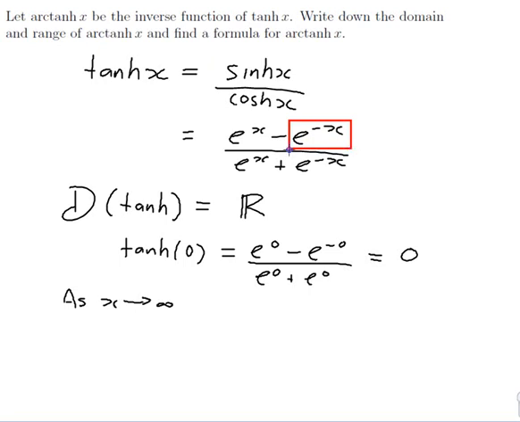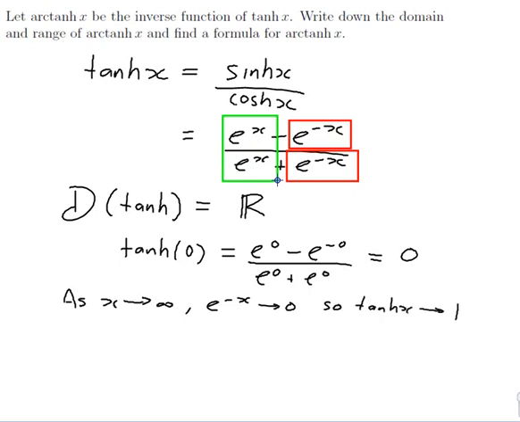So this bit goes to 0, and this bit goes to 0. So I'm left with this bit, which is 1, because it's e to the x over e to the x. So let's write all that down. As x goes to infinity, e to the minus x goes to 0, so tanh x goes to 1. So I can get everything between 0, because I can make 0, and 1.